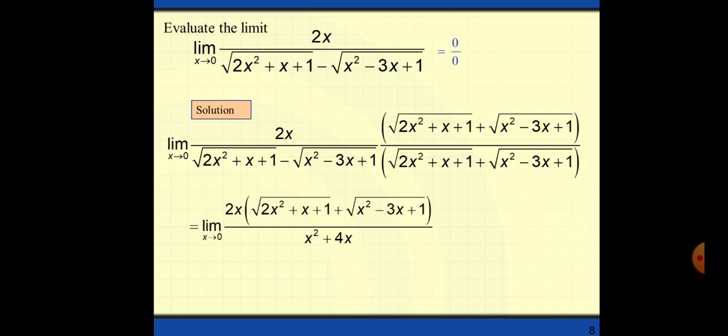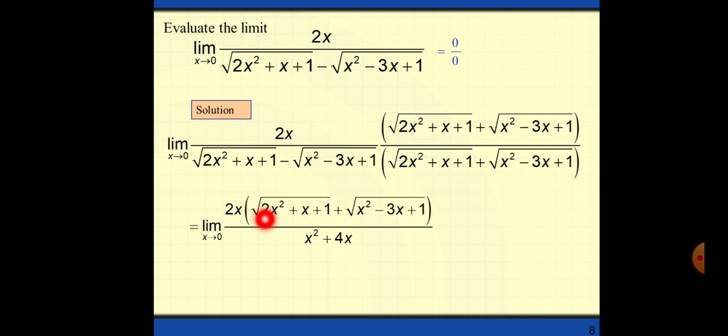Now multiply. Keep this term 2x and the expression in this bracket, and now multiply. This root times this root will be cancelled, and this root times this root, the root will be cancelled.